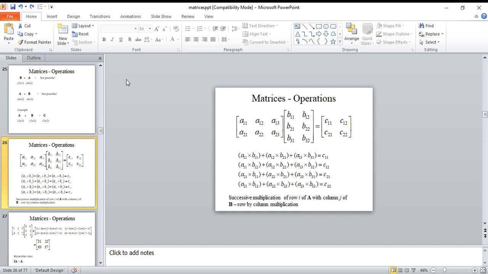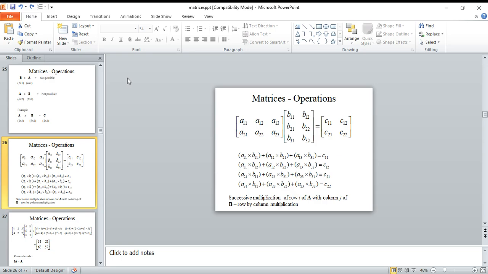Now take the second row of the first matrix, which is A21, A22, A23. Multiply the second row with the first column and the second column.